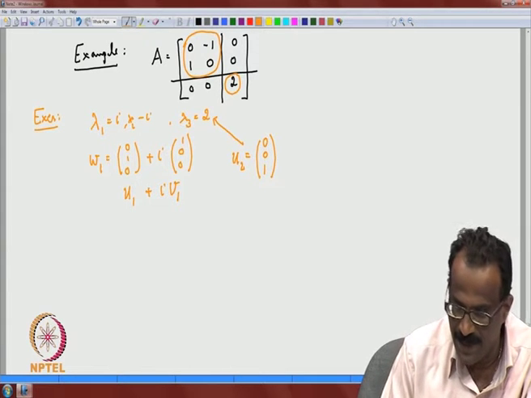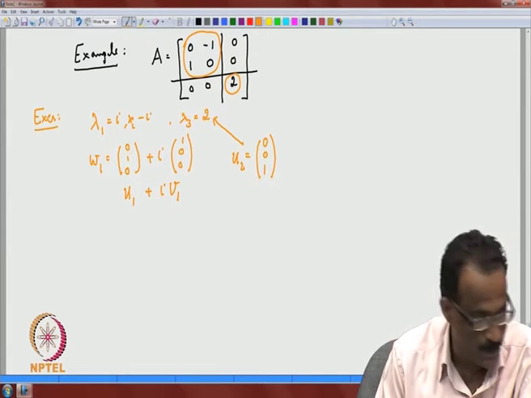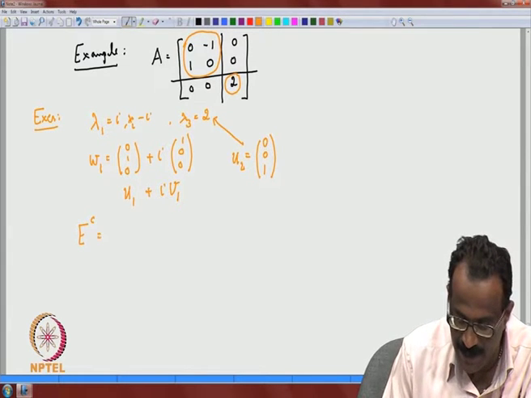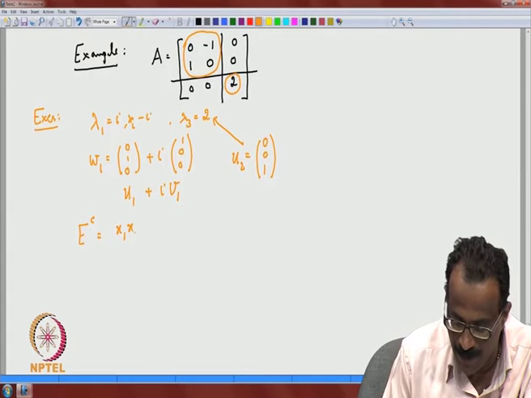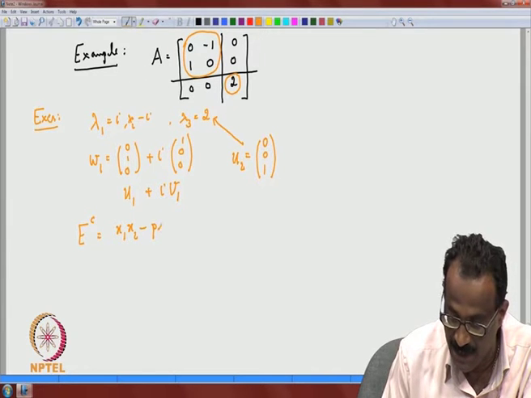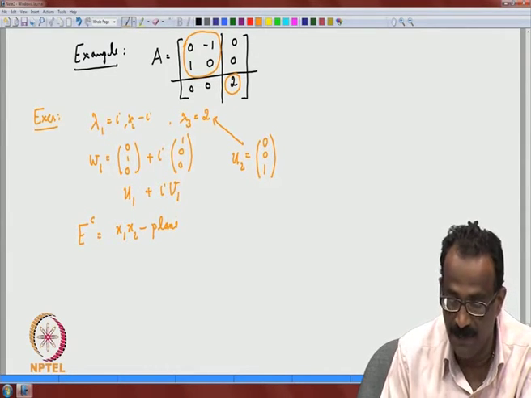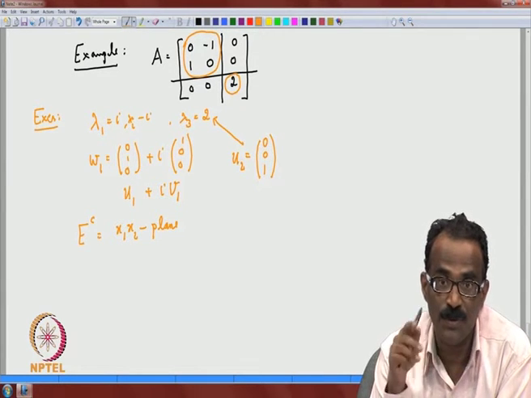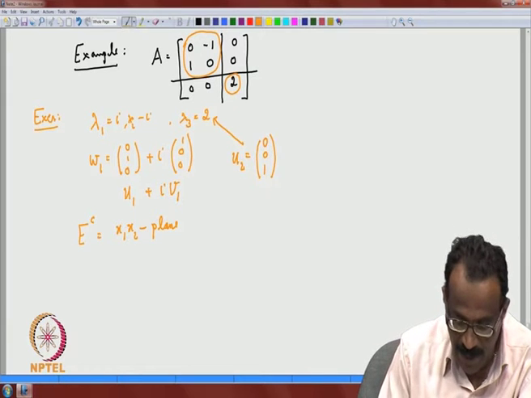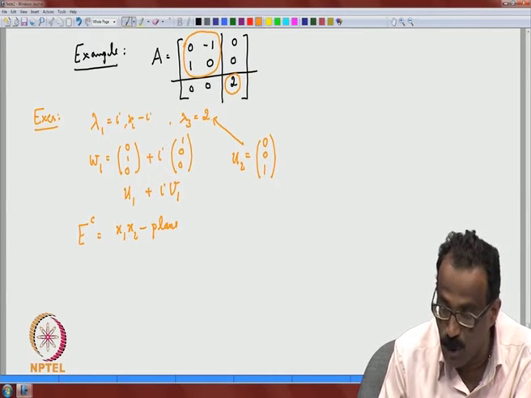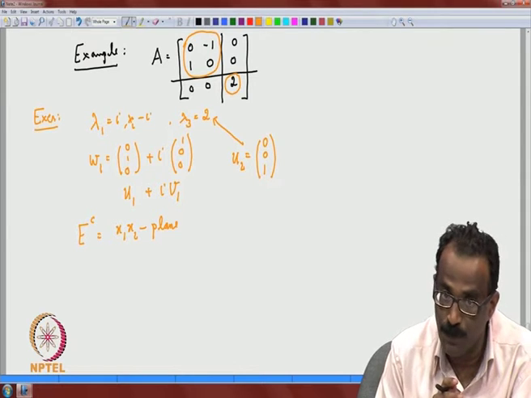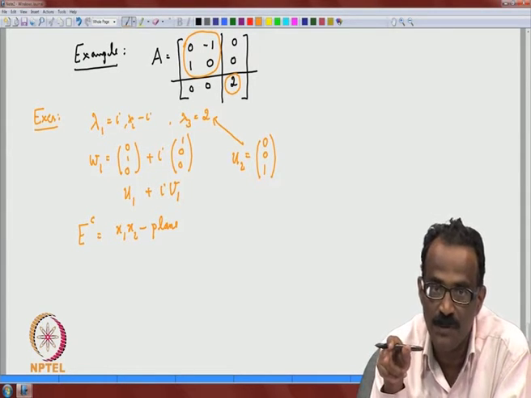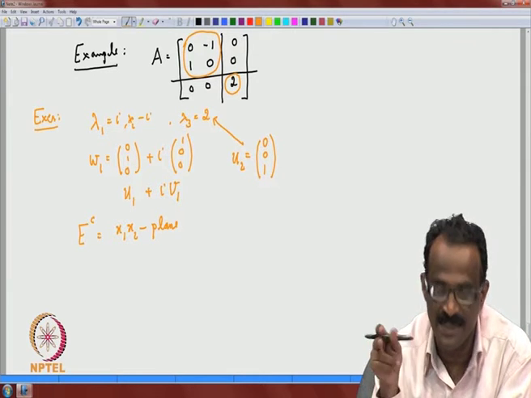So, if you look at it here, this part corresponds to a center. Your Ec is nothing but your x1 x2 plane. It is a center, with the real part of this eigenvalue being 0. So, for lambda 1 and lambda 2, the real part is 0, so it will behave like a center. Your other eigenvalue is 2, corresponding to the x3 part, and since it is positive, it will go to infinity and it is unstable.